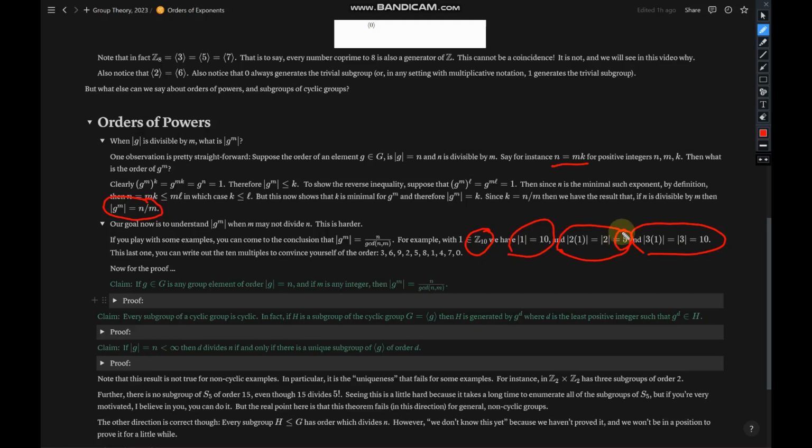If you do this again with 3, you'd find that the GCD of 10 and 3 is 1, and so the order of 3 is 10 over 1, which is 10. So what we seem to be noticing is that the order of g to the m seems to be n over the GCD. Now with that suspicion, let's go ahead and try to do a proof.